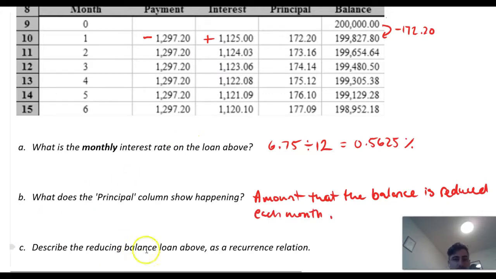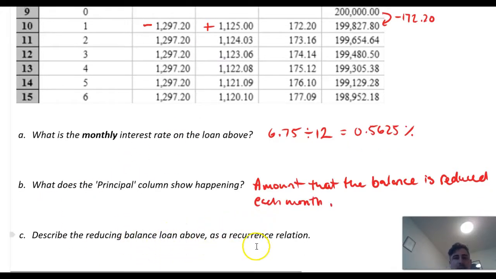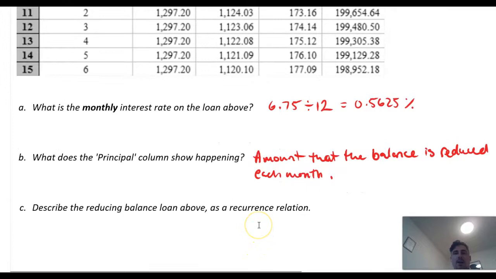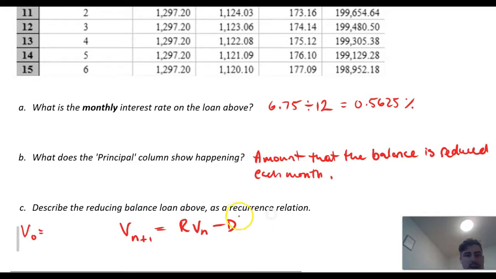describing the reducing balance loan above as a recurrence relation. So, as I've said before, the recurrence relation for a reducing balance loan is modelled around this one. Okay, and V0 equals the starting amount. So for this one, the V0 is going to be 200,000.